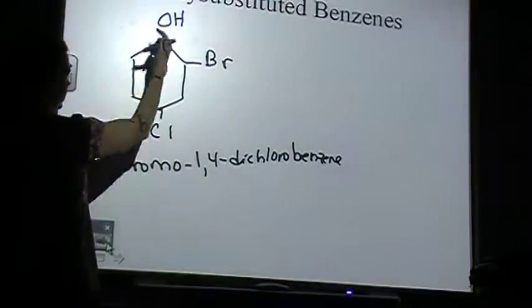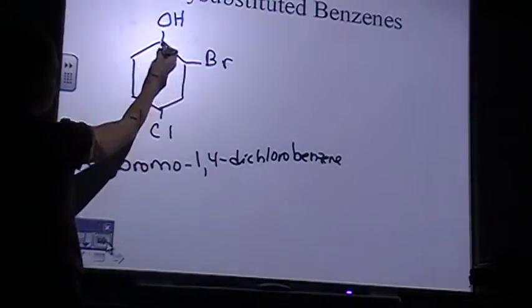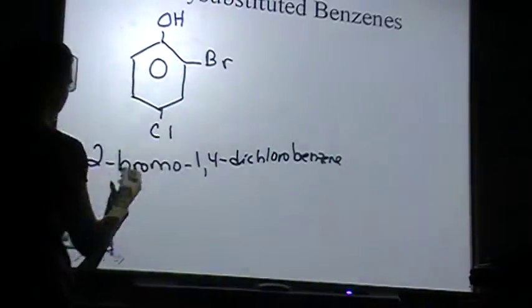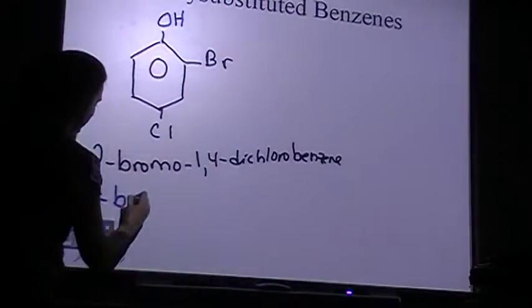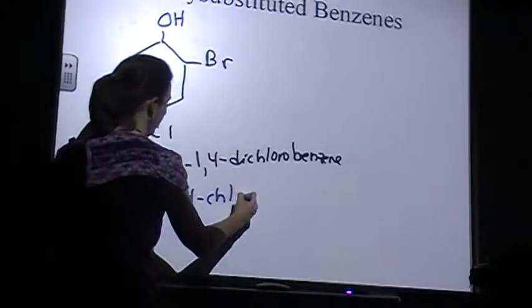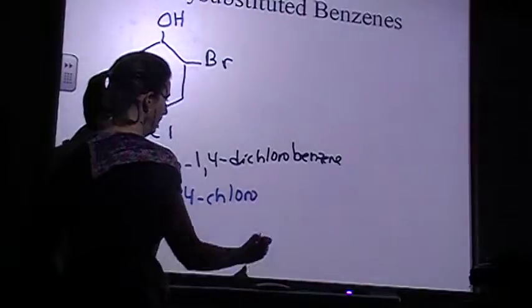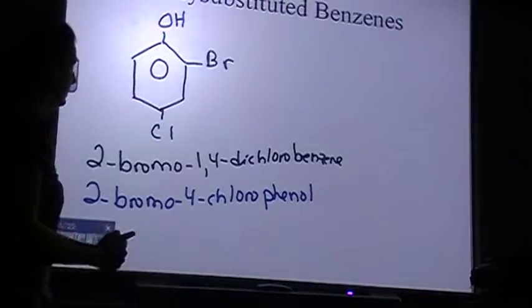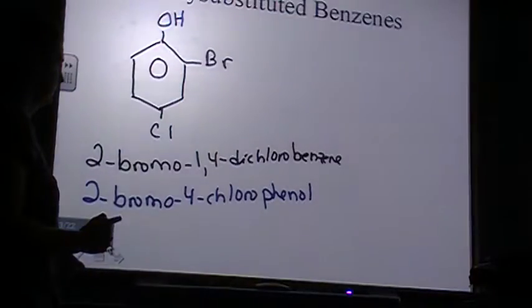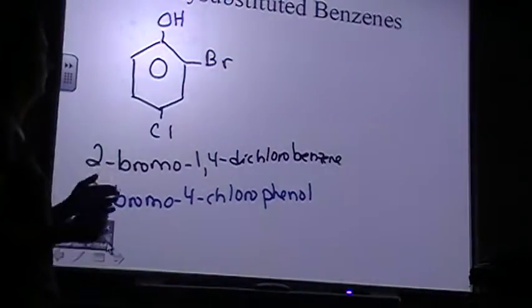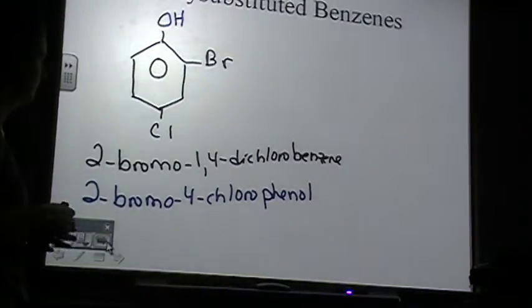If that's an OH, the rule is this has to be number 1 if it's one of those parent names. So now the name would be 2-bromo, 4-chloro, and what would the ending be? Phenol. So that still goes last when we make it. And this is understood to be number 1, wherever that parent name is.